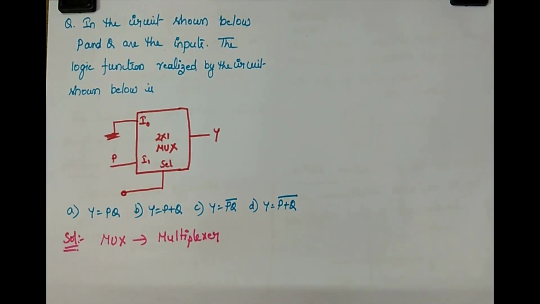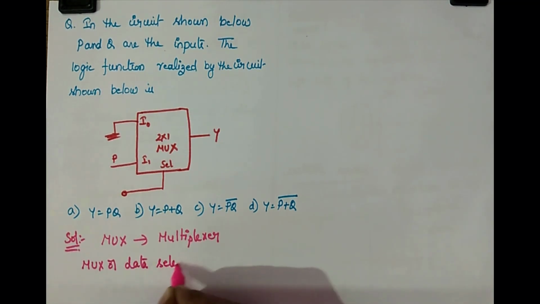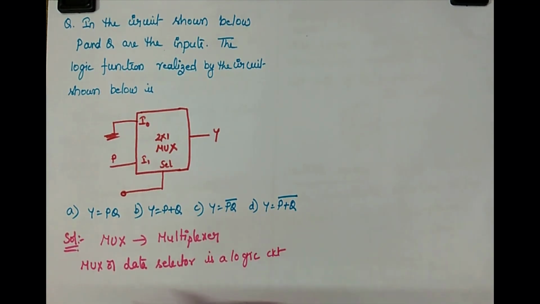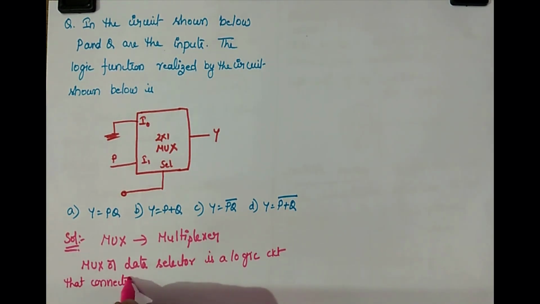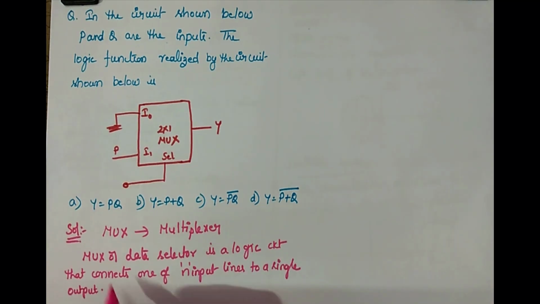In digital logic design, a mux or data selector is a logic circuit that connects one of n input lines to a single output line.